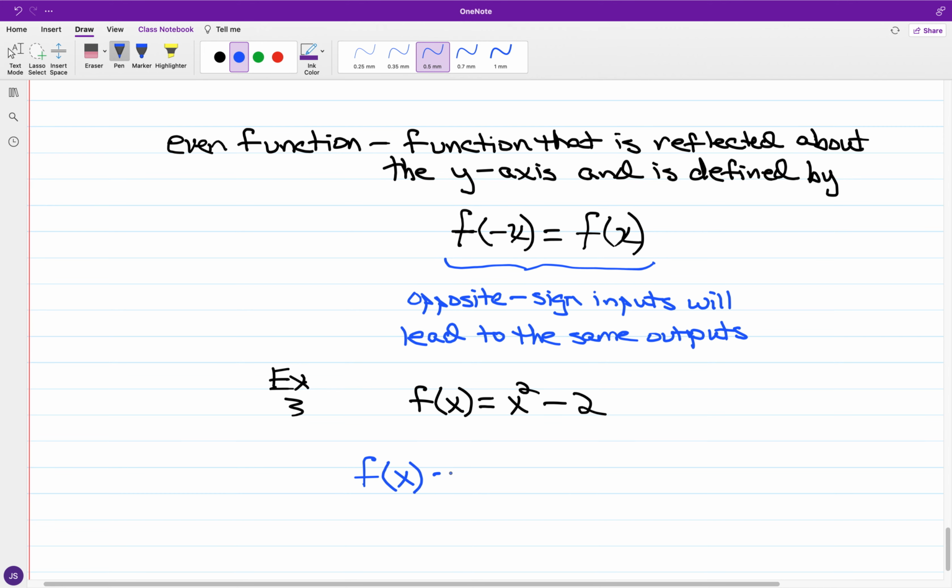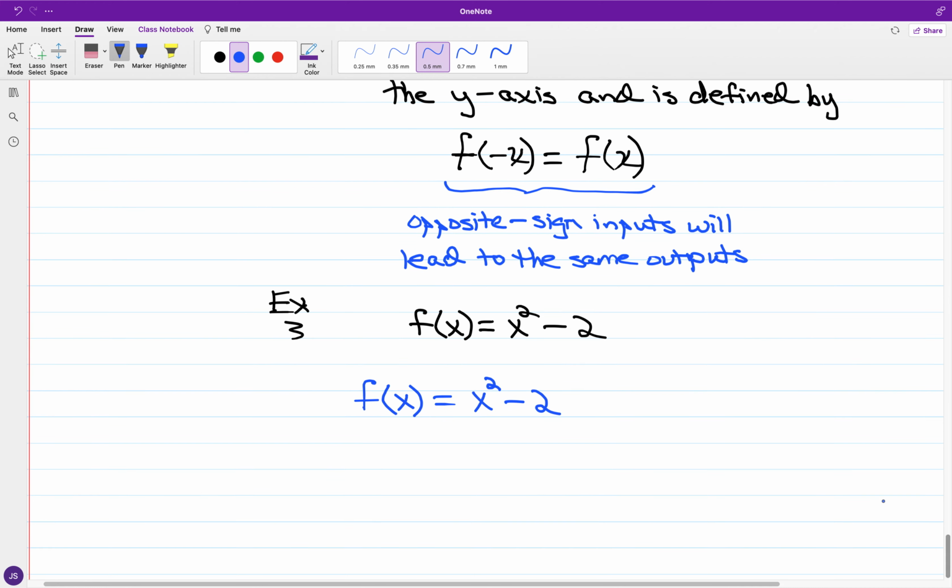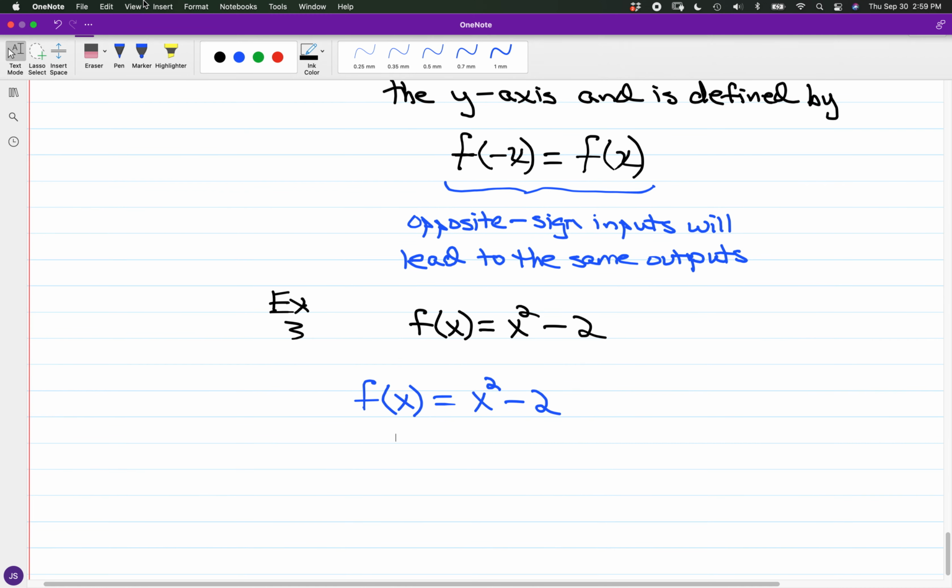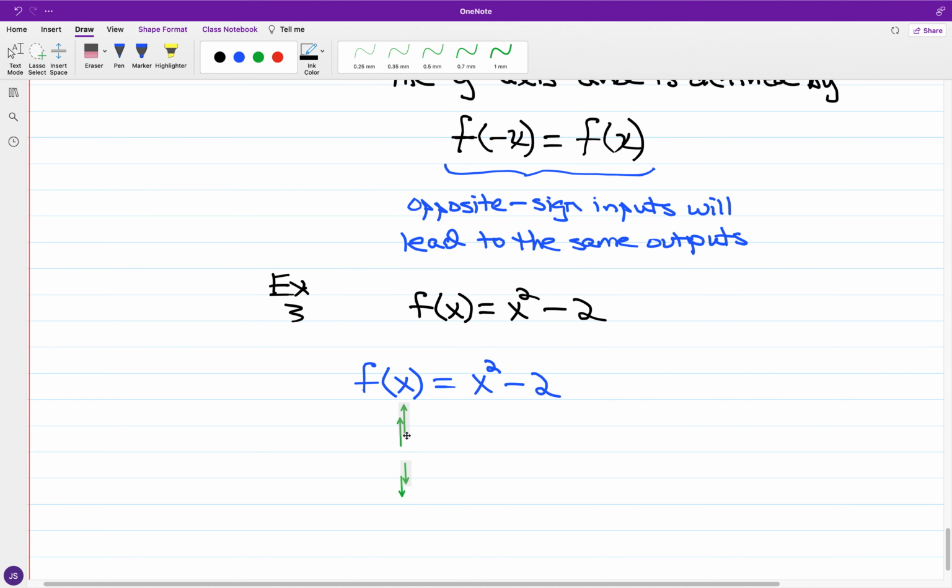So just looking at the dynamics that we have here, you have f of x is equal to x squared minus 2, and we'll take the opposite sign inputs. Go ahead and place the arrow, so you have f of negative x.